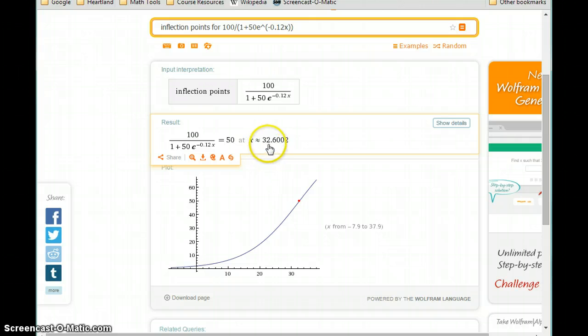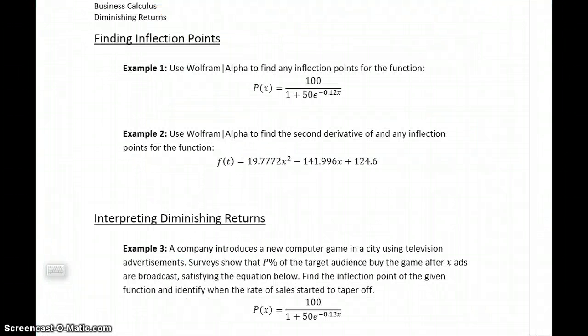So in this case, we get an inflection point at 32.6002. So rounding that to about the nearest whole number, which is what we'll look at for most of our applications, we have an inflection point at approximately x equals 33.